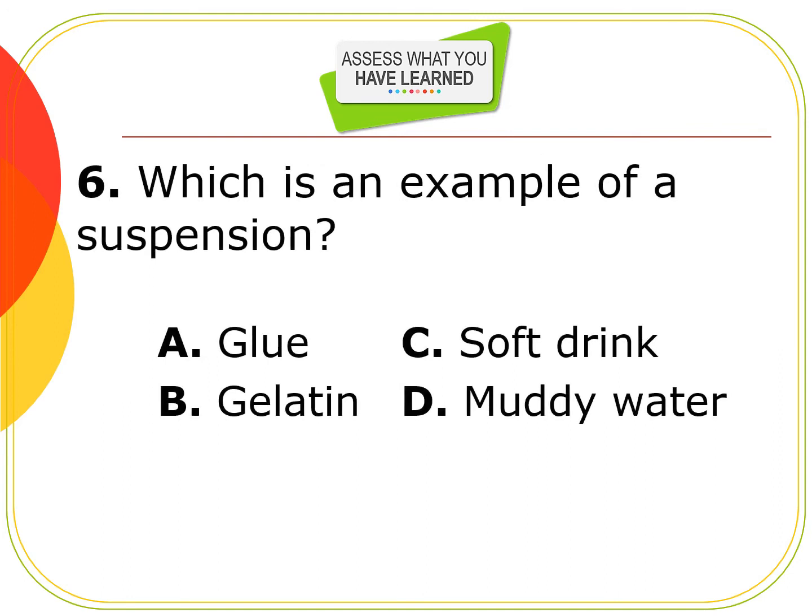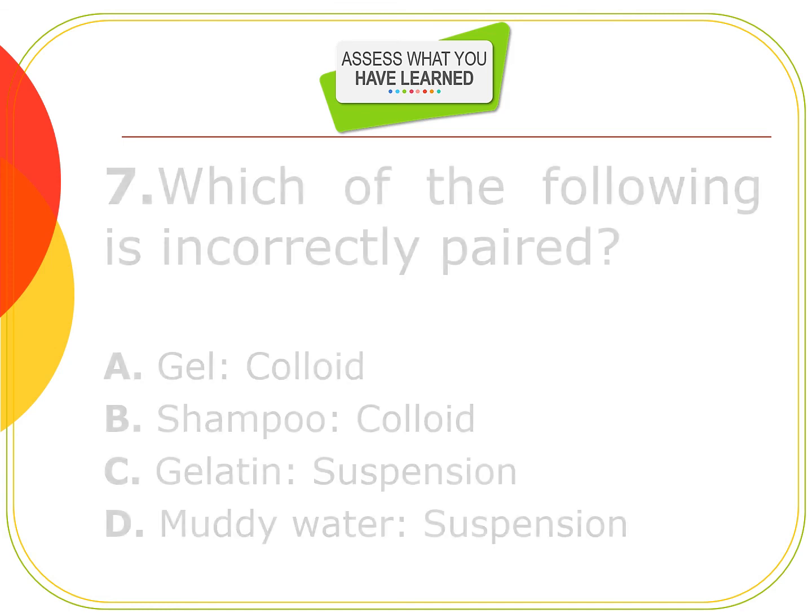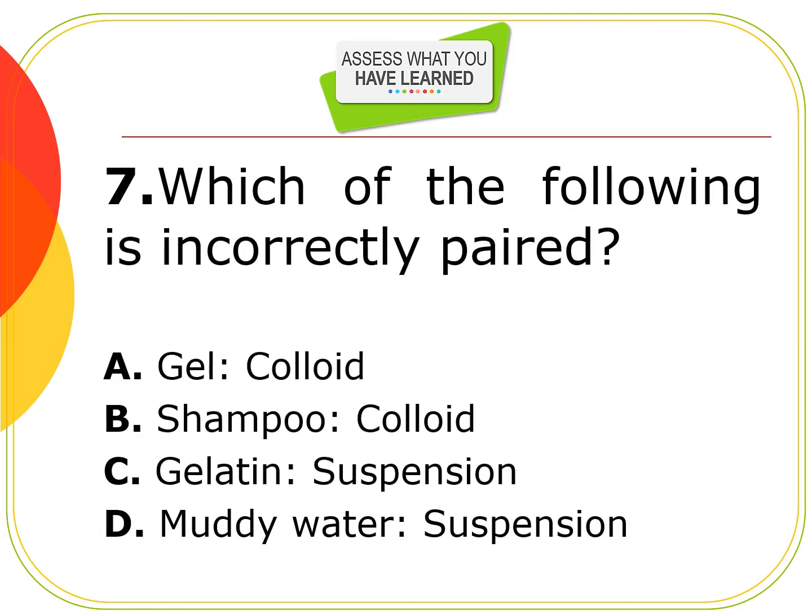Number 6. Which is an example of a suspension? A. Glue, B. Gelatin, C. Soft drink, D. Muddy water. Number 7. Which of the following is incorrectly paired?